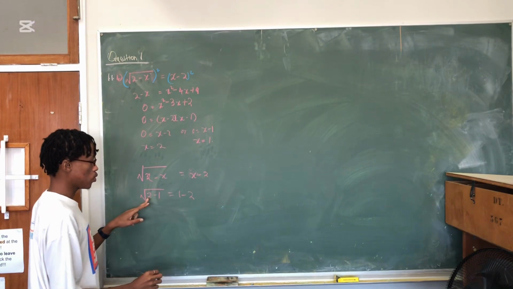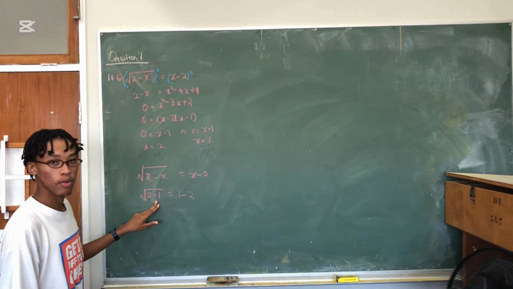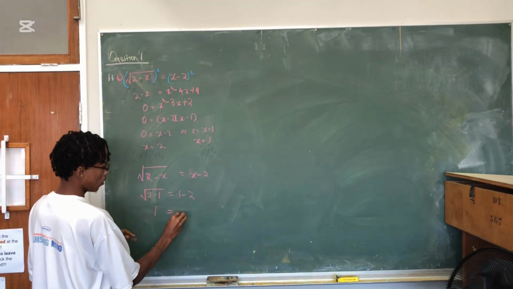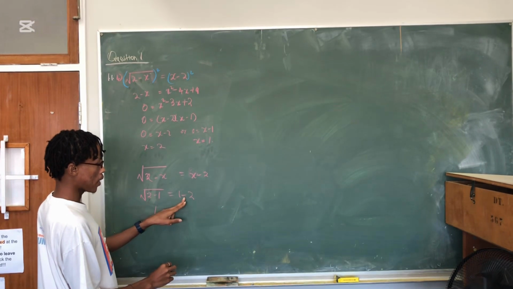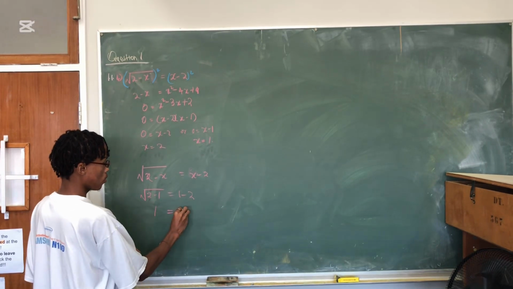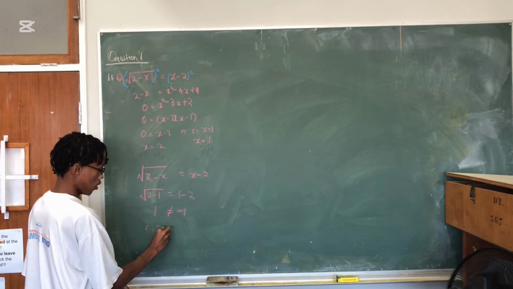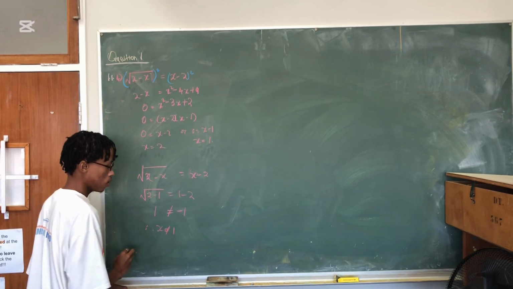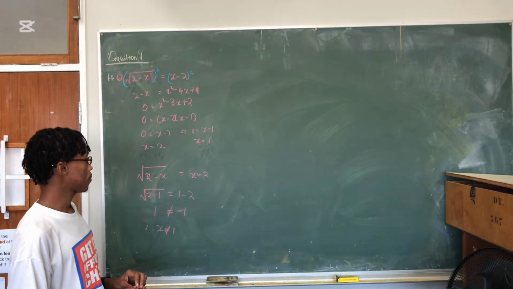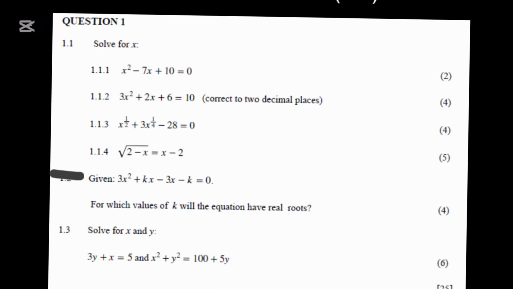This is going to be 2 minus 1 being 1. The square root of 1 is 1. On this side, we're going to get 1 minus negative 2, negative 1. So x will not be equal to 1.